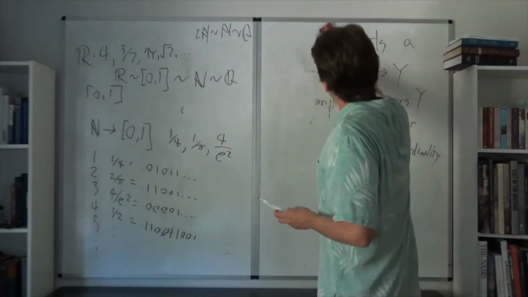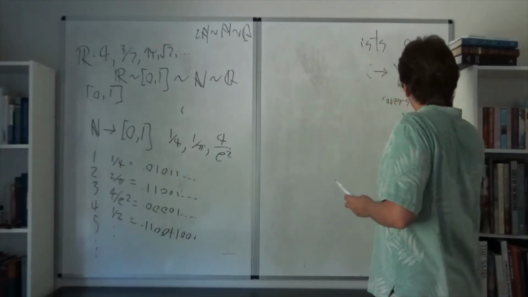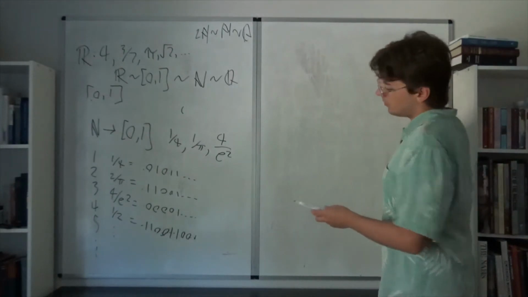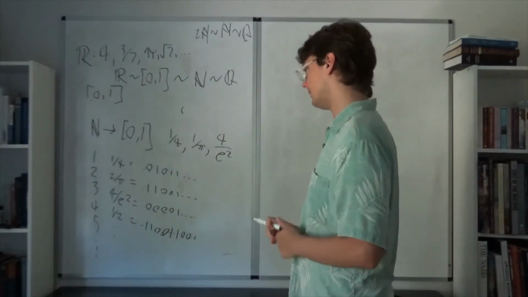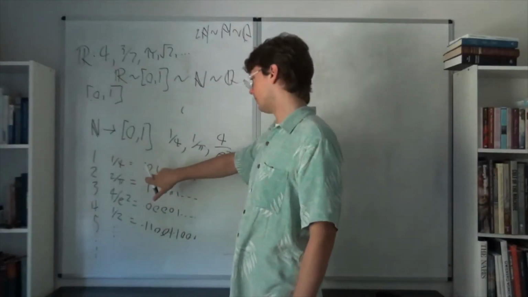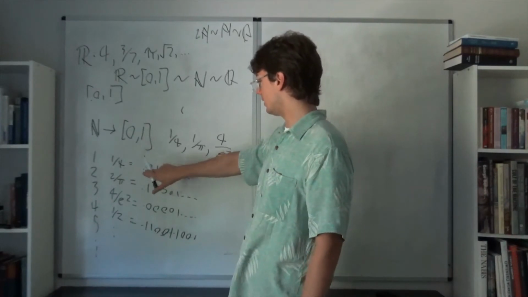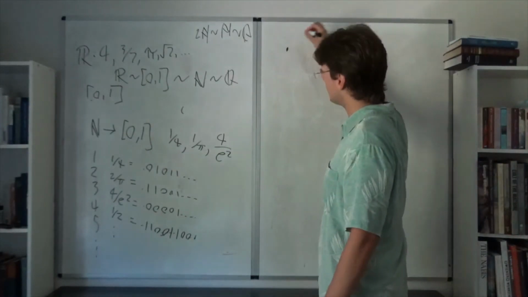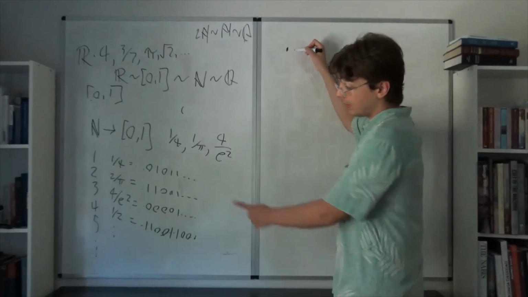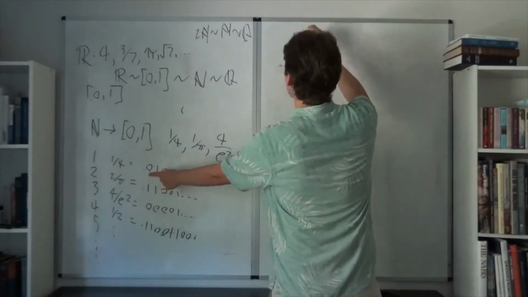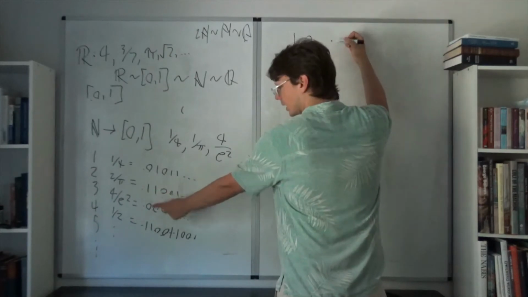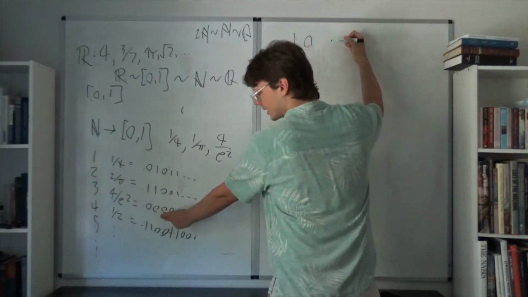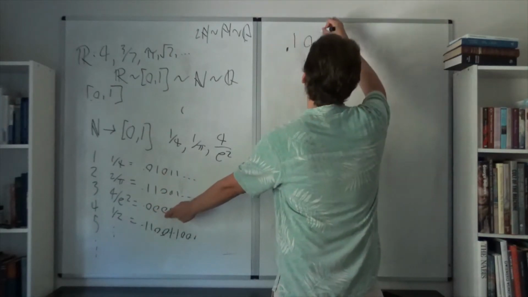Well, I'm curious about something here. Can I make an element from these guys that might not be in there? Let me see. What if, for this first guy, I make a new number, and in the first place I'm going to put in a 1. And the second place I put in a 0. And the third place I flip this number right here and I get 1.